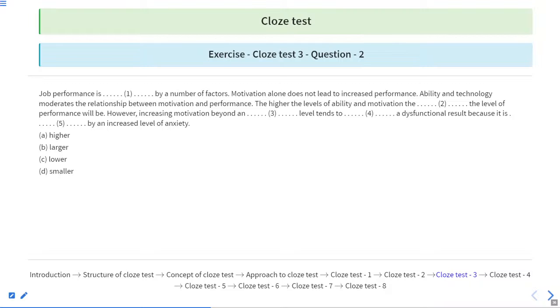Will it be higher, larger, lower, or smaller? Suppose we had chosen larger. Then the sentence would read, the higher the levels of ability and motivation, the larger the level of performance will be. It doesn't fit in. Here there is a phrase, higher the level, then the second will also be higher. Higher the level of performance. Hence, a better choice here out of 4 may be higher.